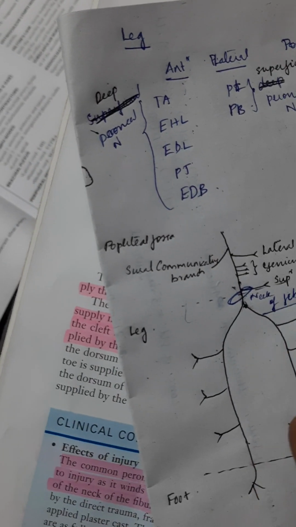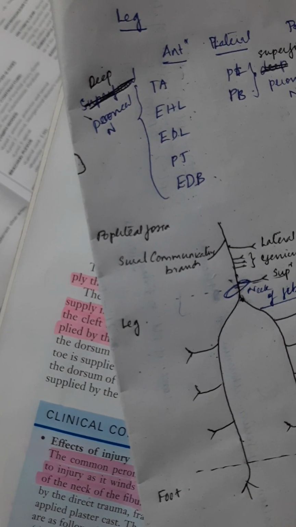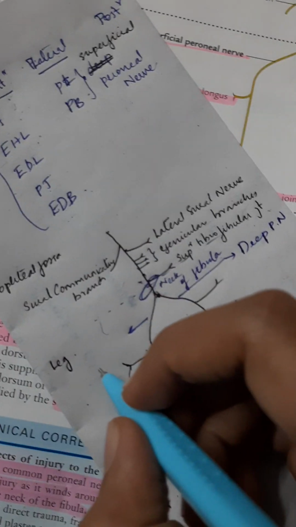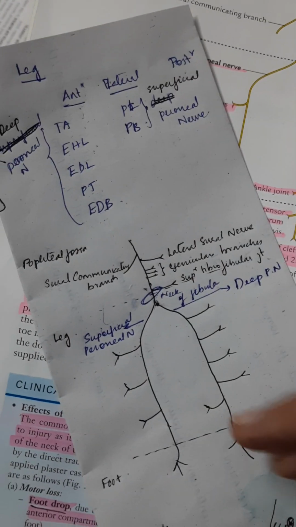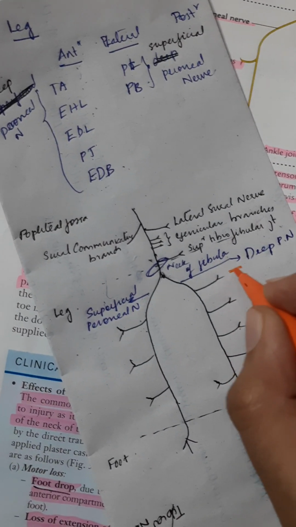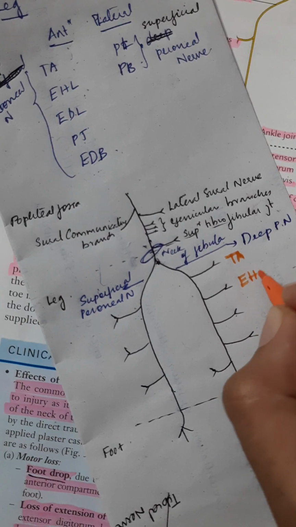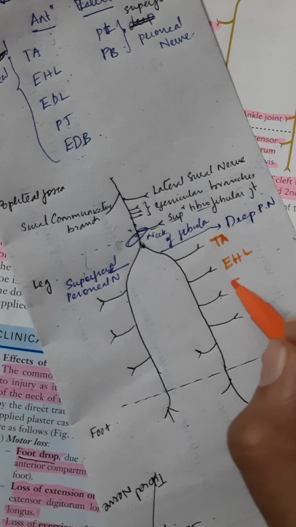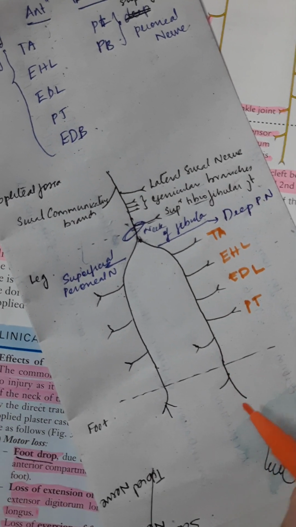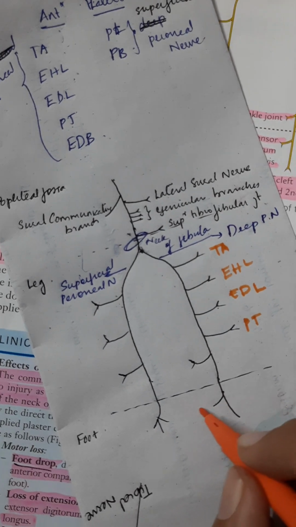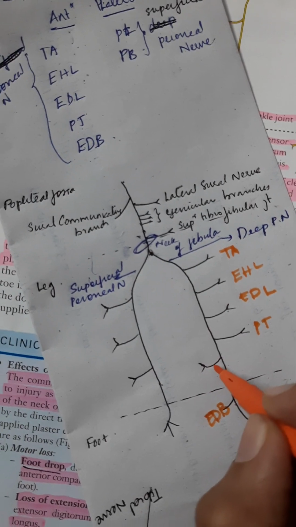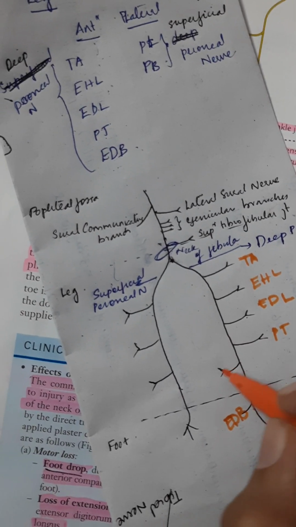So this is our superficial peroneal nerve. This is our deep peroneal nerve, and this is our superficial peroneal nerve. So as we have learned, the deep peroneal nerve supplies the tibialis anterior, extensor hallucis longus, extensor digitorum longus, peroneus tertius, and then coming to the foot, it supplies the extensor digitorum brevis, and then it has an articular branch to the knee joint.